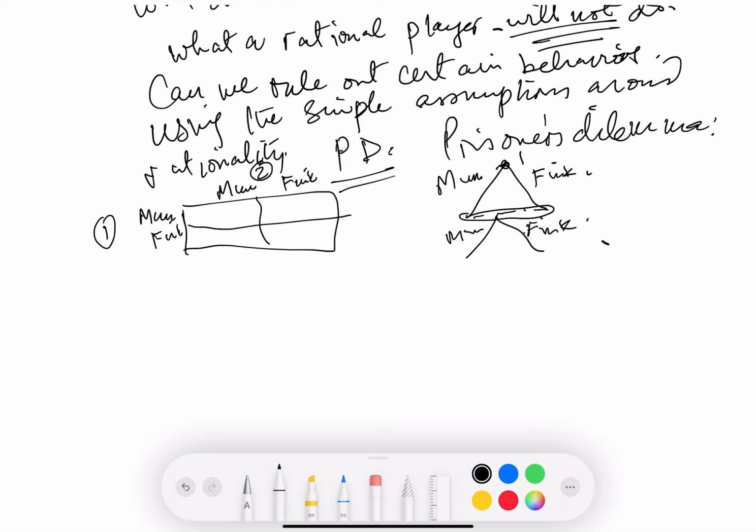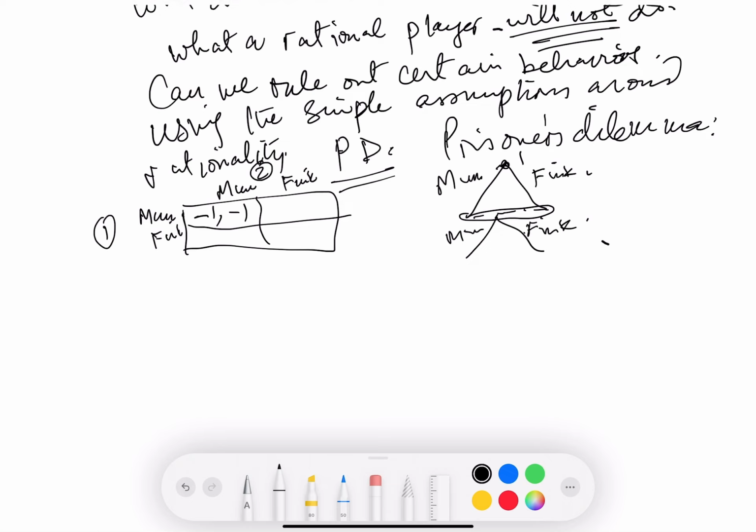If both players go mum, player one gets 1 year in jail, player two gets 1 year in jail. They're convicted on a minor crime. But remember, they are in separate rooms and they're playing a simultaneous game. So there's no communication. There's no coordination. So that's really the essence of the simultaneous game. You can't observe what the other person is doing. You can't talk to them. You can't do it, right? So if both go mum, you get -1, -1.